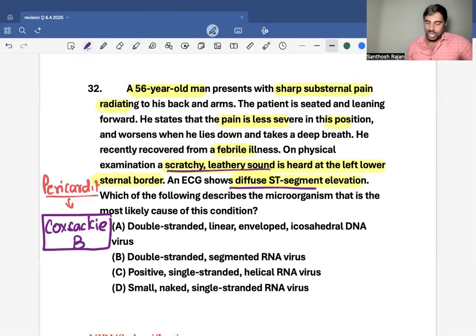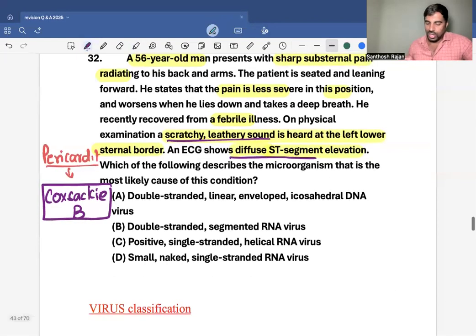Now, Coxsackie B. They didn't give the virus names; they told you to find the virus. Definitely it's not a DNA virus, so it is an RNA virus.